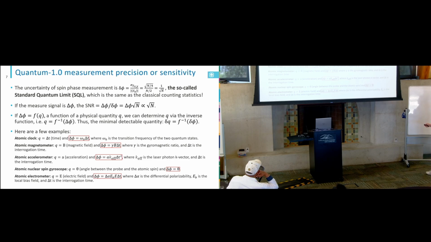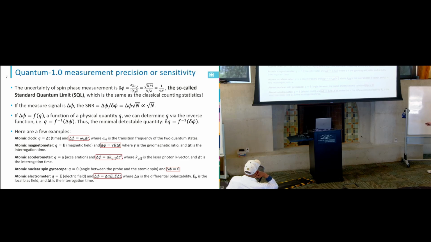But just now, just to see, the phase is only determined by some numbers and then the time. For accelerometry, the phase accumulation is proportional to some constant. This A is actually the acceleration. And the effective k vector is actually the wave number of the 2 laser beams we introduced for this light pulse assisted atom interferometry.